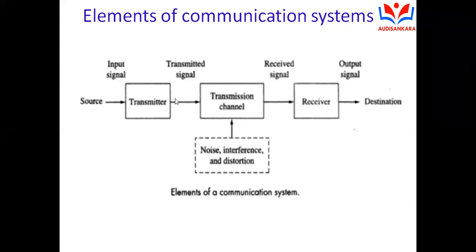So at the time of propagating the information through this transmission channel, whether it may be connection oriented or connectionless, whatever it may be, there is a chance of adding unwanted information to the original information.